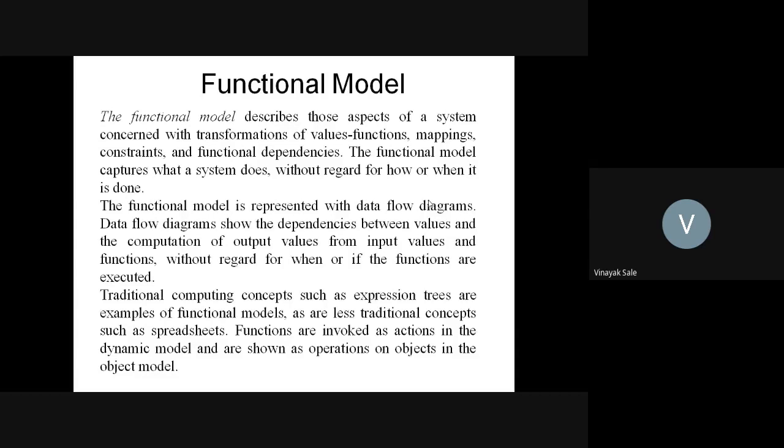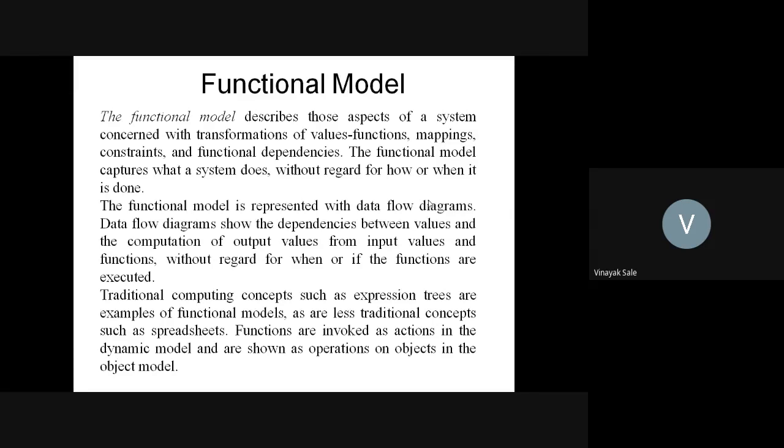The functional model is represented with data flow diagrams, which show the dependencies between values and the computation of output values from input values of the functions, without regard for when or if the functions are executed.